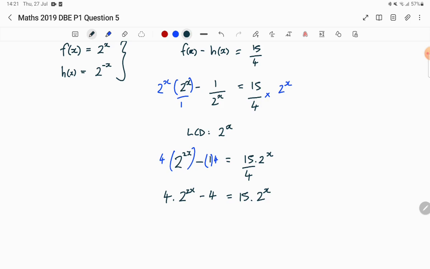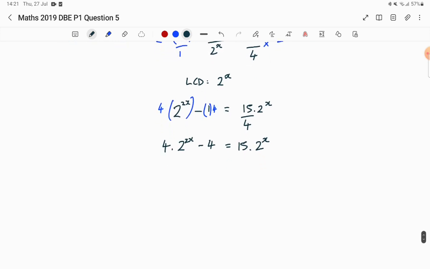Then after we've gotten rid of all our fractions, we can get everything on one side and start factorizing. So now we've got a few different terms here. So we would have 4 times 2 to the power 2x minus 15 multiplied by 2 to the power x minus 4 is equal to 0.